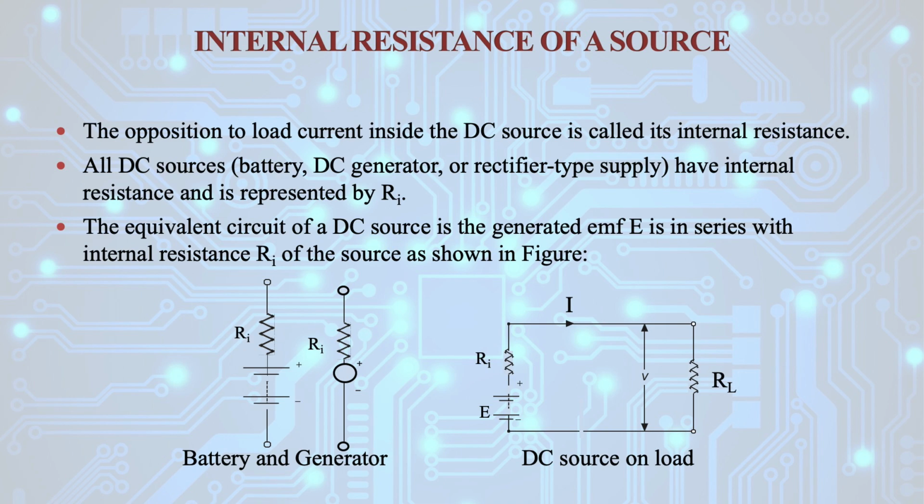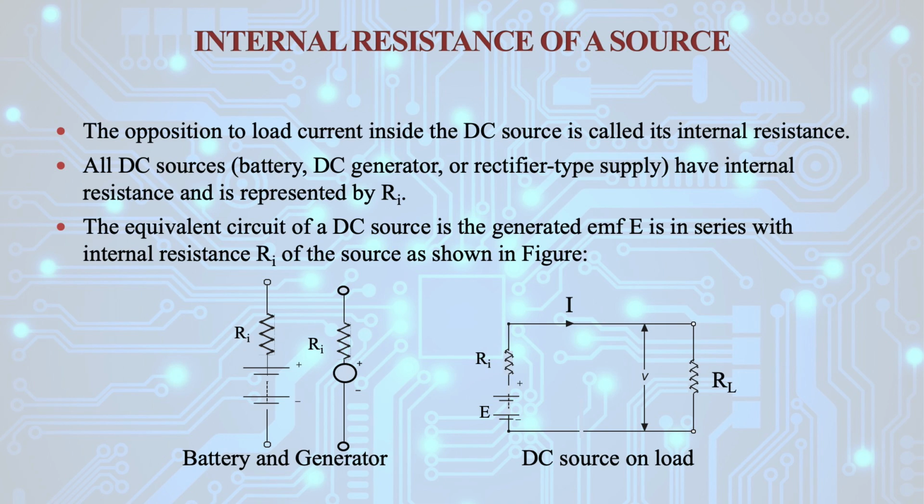And in another circuit diagram you can see the DC source on load. There is one battery source having voltage E, which is connected with internal resistance Ri across the load resistance RL. So supply voltage, or you can say terminal voltage V, is equal to what? It can be written as V equal to E minus I into Ri, where I is the current flowing through resistance Ri.